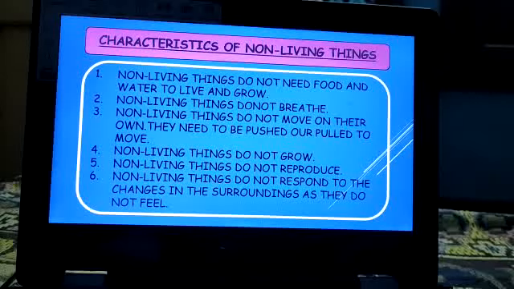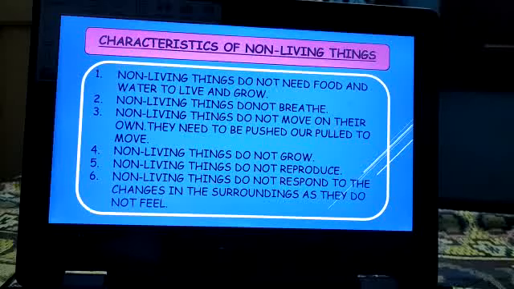Actually children, living things and non-living things are opposite to each other, so their characteristics are also opposite to each other. Now let's see the second point. Non-living things do not breathe. Third, non-living things do not move on their own.